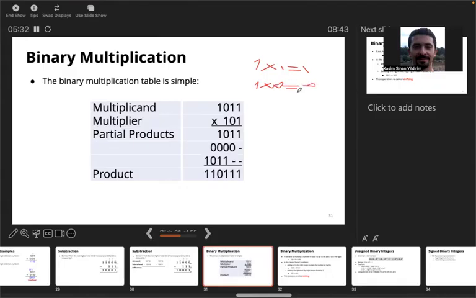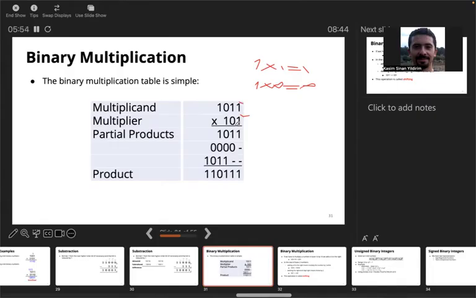This is what we do here: 1 multiplied by 1 is 1, 1 multiplied by 1 is 1, 1 multiplied by 0 is 0, 1 multiplied by 1 is 1. And then we shift one column and multiply again.